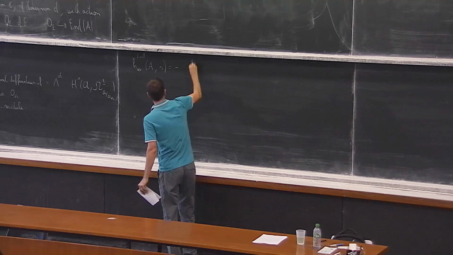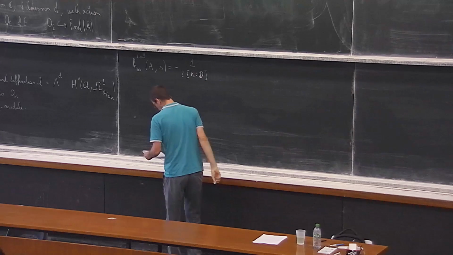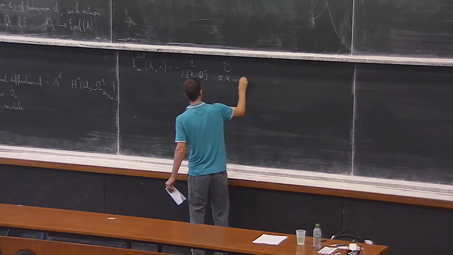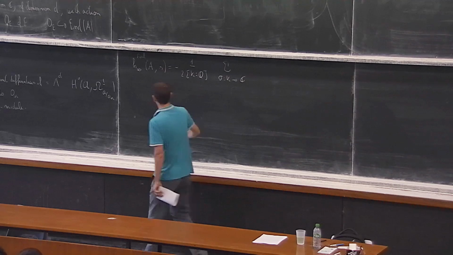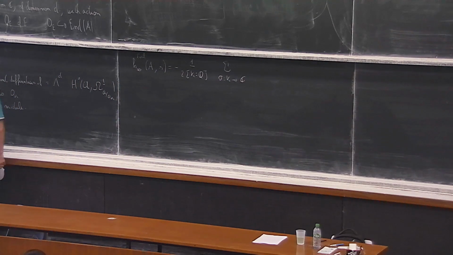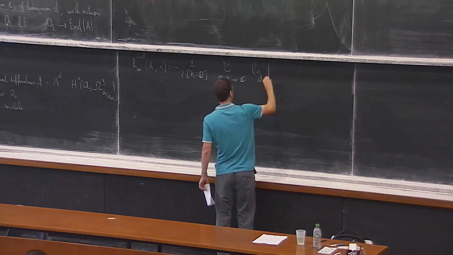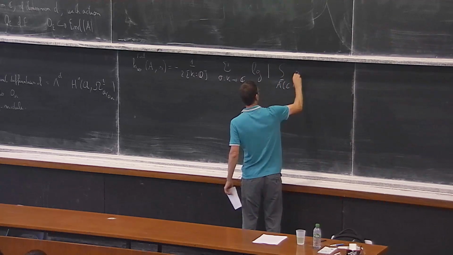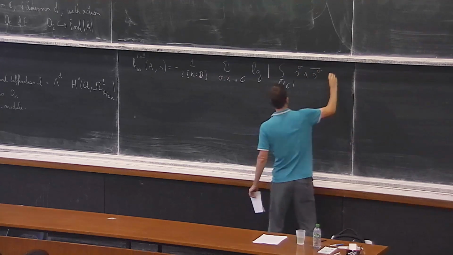There is a normalizing factor that will make the definition independent of the number field we started with. And then we'll have the log of the norm of the section S with respect to a suitable metric at infinity of omega A.